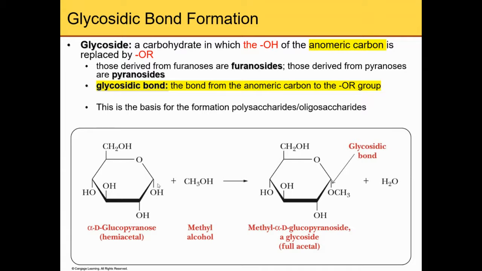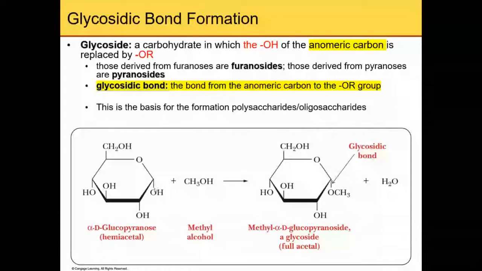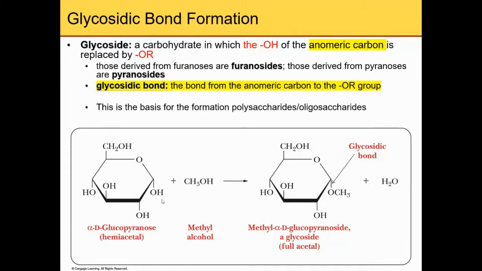Okay, that's from here. And then see here, this is the methyl group here. So this is a methyl alcohol, and then they replace this hydroxy group. They remove the hydrogen and put the methyl group here. And that's the glycosidic bond.